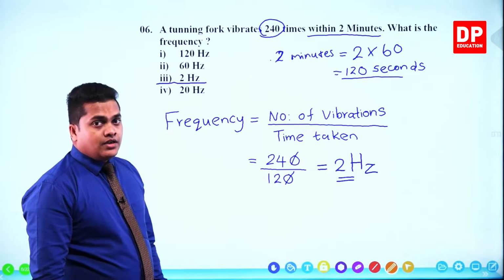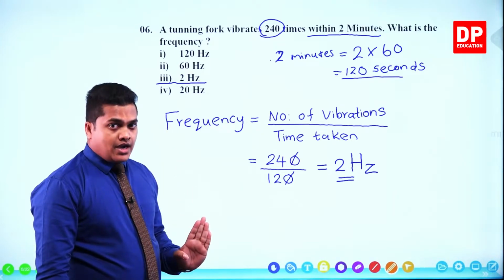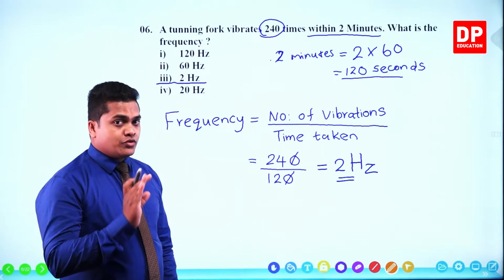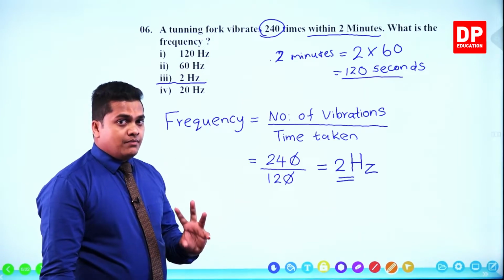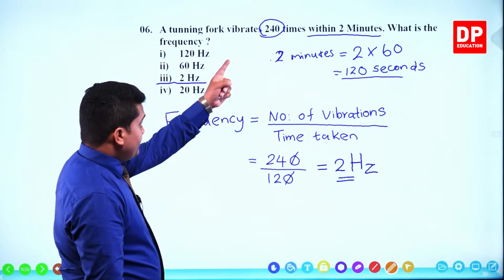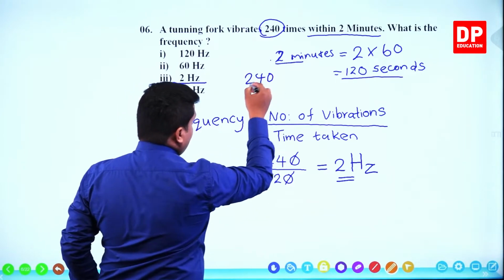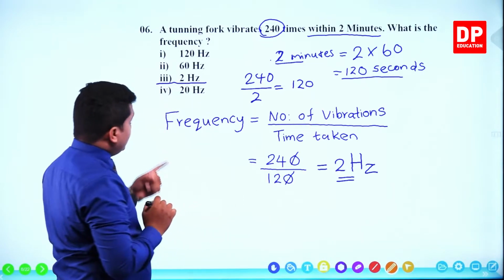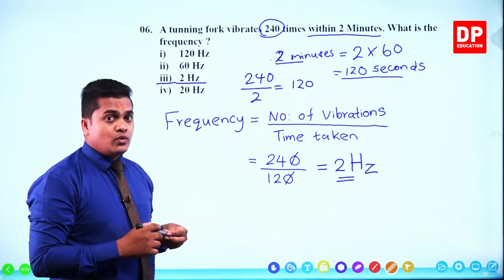Right. Dear children, please remember, when substituting the time period, it should be in seconds. To trick you, the responses will definitely be given using the minute value as well. So see, if you divide 240 by 2 minutes, the answer would become 120. In these responses, the first choice is given as 120.